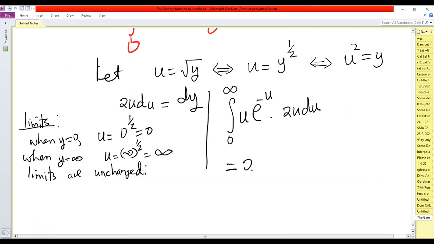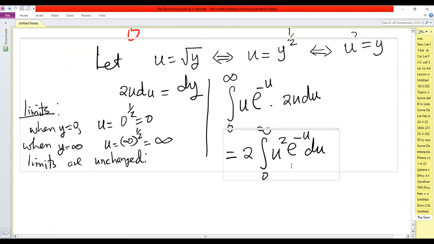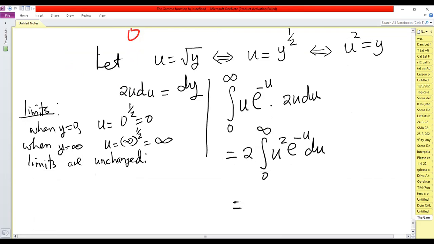So we'll have 2 times the integral from 0 to infinity of u times u, which is u squared, e raised power minus u du. Now, to get the structure of the gamma function, we simply write 2 as 3 minus 1. So this will be 2 times the integral from 0 to infinity of u raised power 3 minus 1, e raised power minus u du.